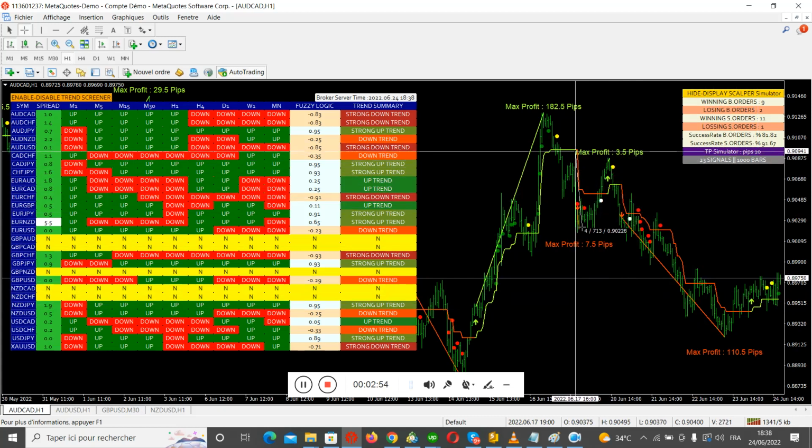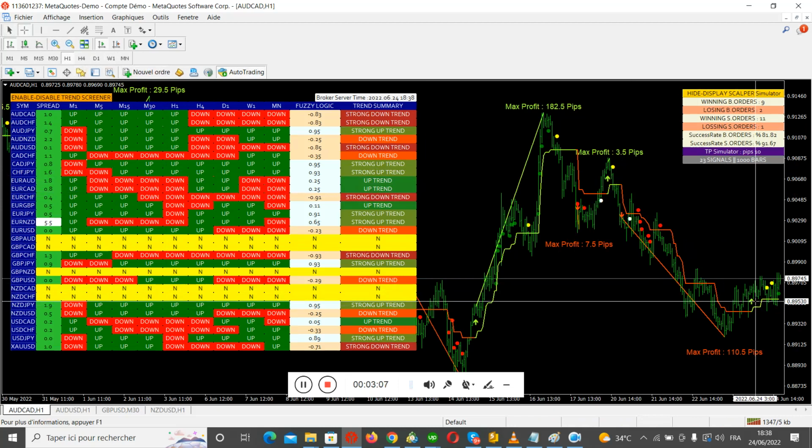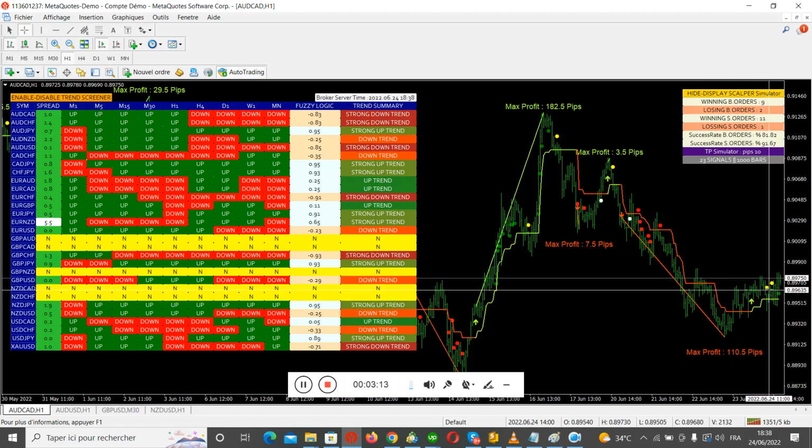You see the downtrend, then correction, then continuation of the downtrend, and you have still a correction. So this trend is weak, and we can see many yellow dots here. The yellow dot indicates that this trend is weak.